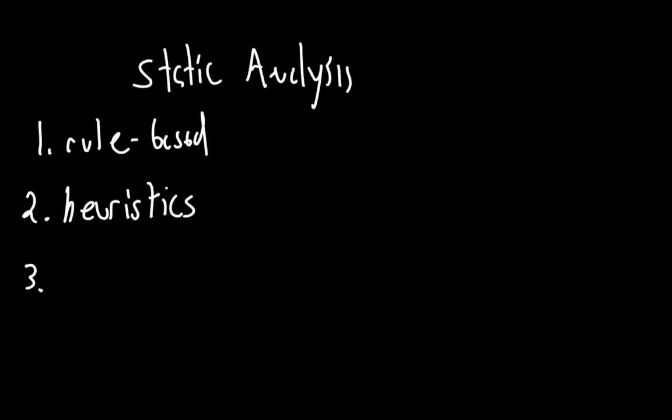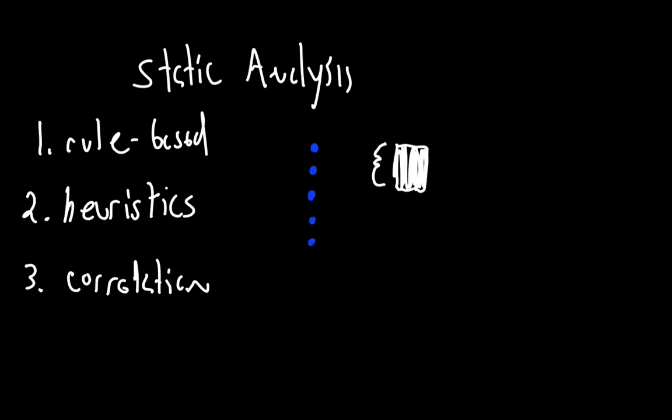The last one I want to speak to is what I'm calling correlation. And correlation is kind of interesting. Let's say we've got our binary right here. What you do for this particular aspect of one approach is to look at this binary and generate a list of numbers, or you could call it a vector, that summarize what we know about the binary.